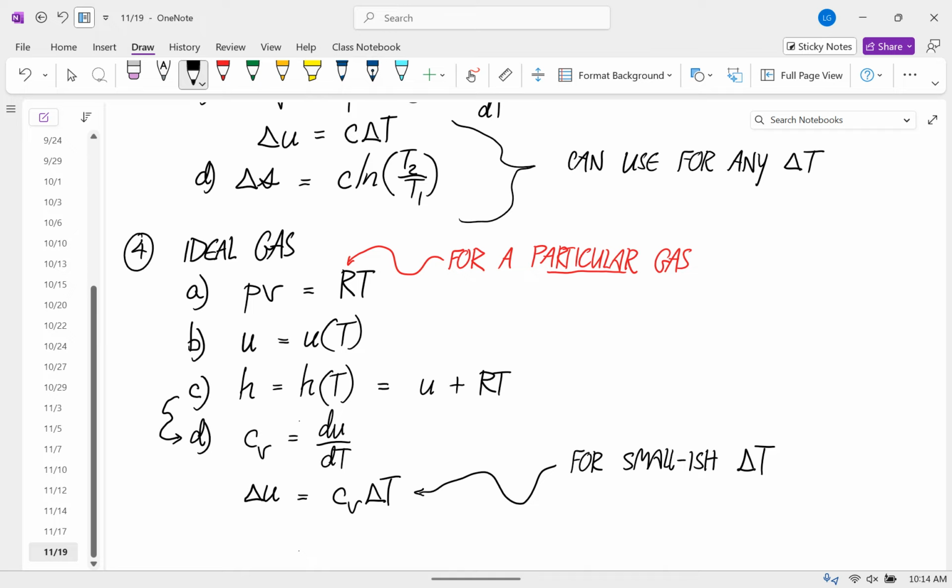I don't really have a good answer for why that is. But if you just look at a graph of either of these specific heats as functions of temperature, you just see a big curve, and you see a very shallow curve for incompressible materials.